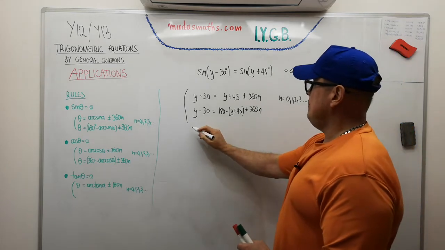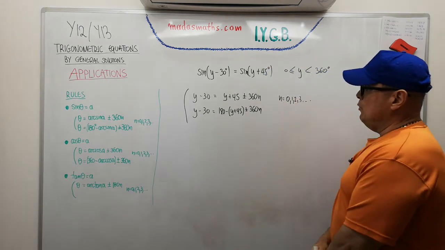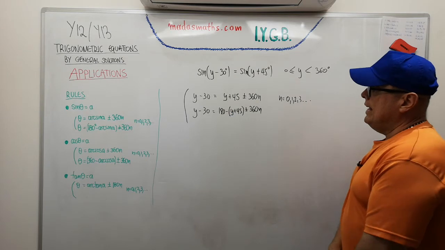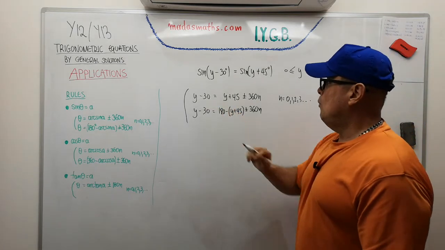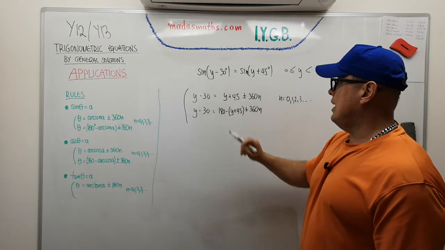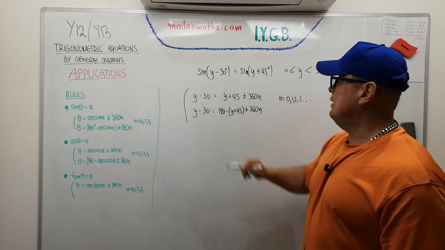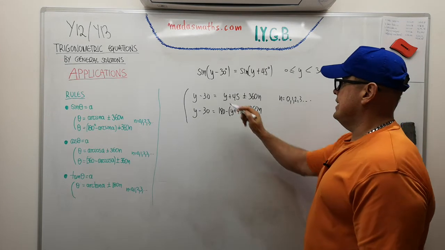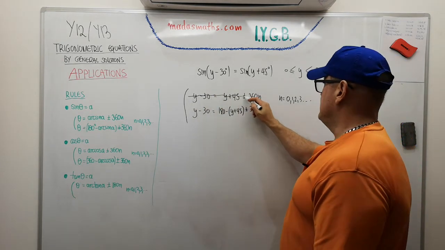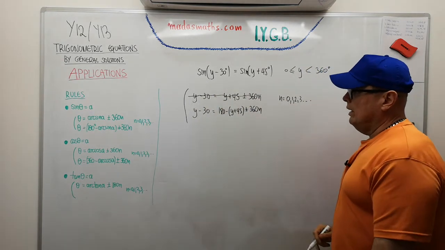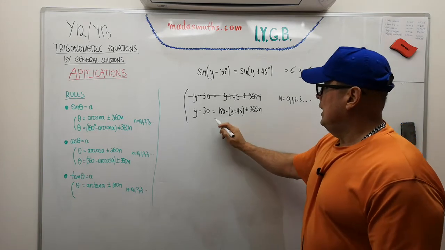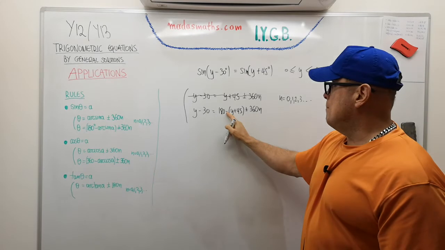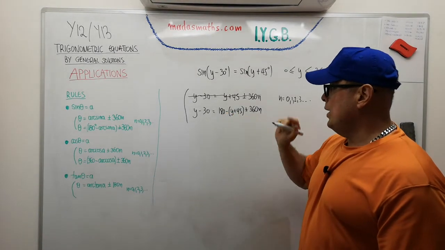First of all, if we look carefully at the first family, this produces nothing. Why is that? The y's cancel, so you get pure rubbish: minus 30 is equal to 45 plus or minus 360n. Total inconsistencies, so we throw this away. What about the second one? The y's don't cancel here because we've got a minus y once we expand the bracket.